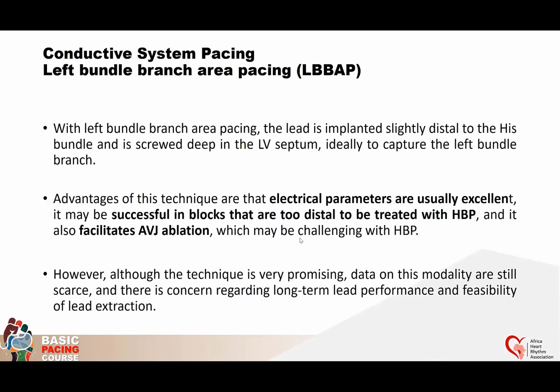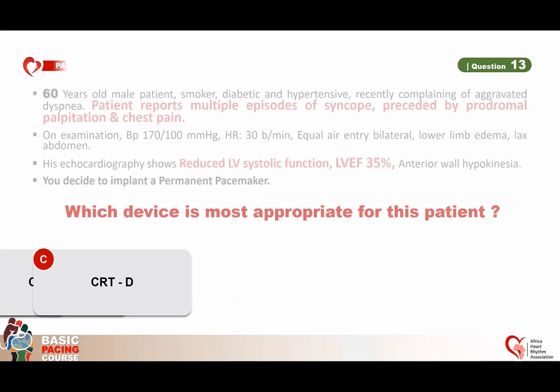And the advantage here is you get synchrony, you get biventricular pacing, and with a simpler and higher success rate for implantation than the previous technique of His bundle pacing. Perfect and excellent electrical parameters with higher longevity of the batteries, and it would be successful for blocks that are more distal to the His bundle. So there is growing interest in this technique.